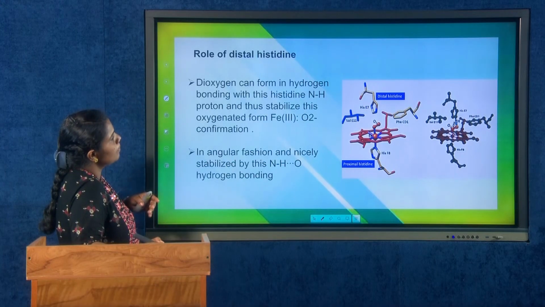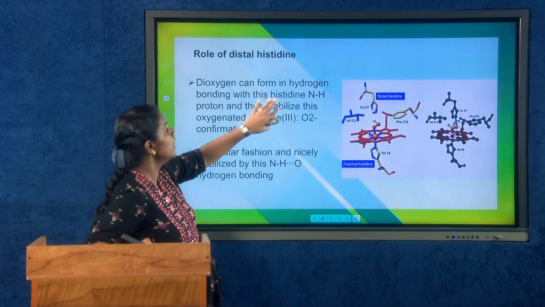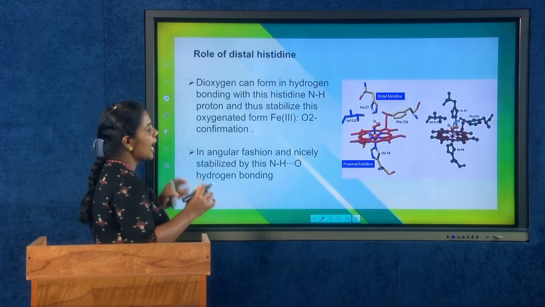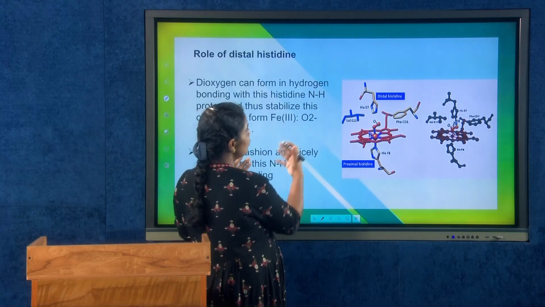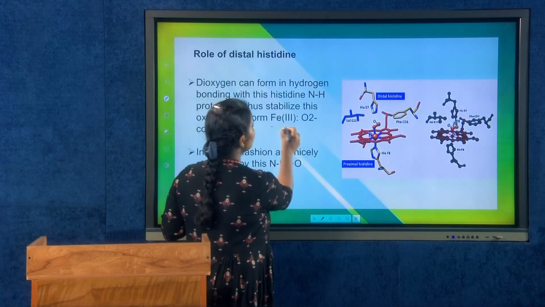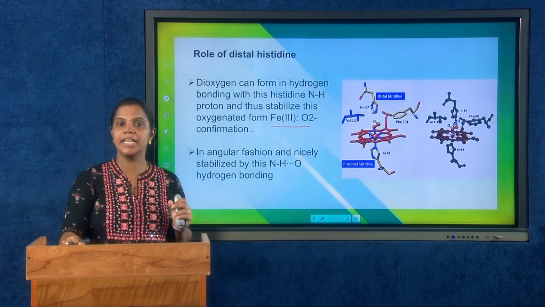Now, let us see what happens. Dioxygen forms the hydrogen bond with the histidine NH proton, and this will further stabilize the Fe3+ O2 minus conformation. So, that is the role of distal histidine.